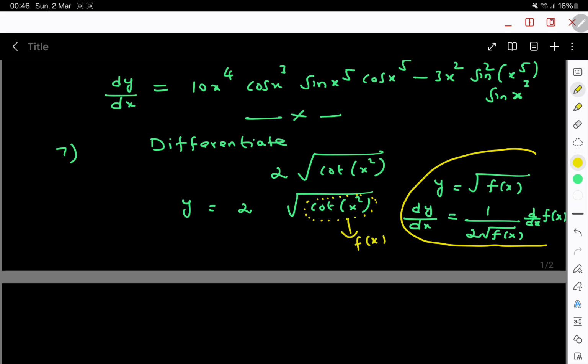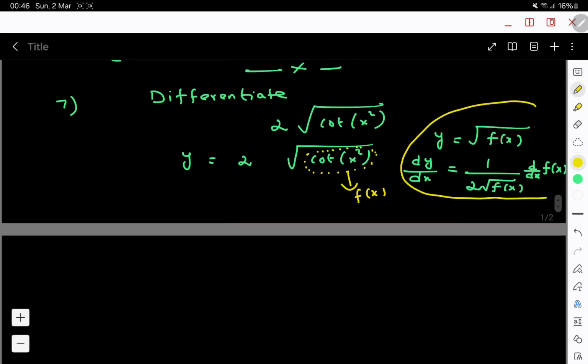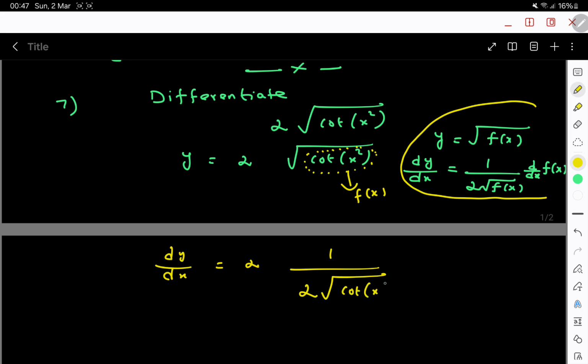So to differentiate follow this rule. Okay, so dy by dx equal to 1 by 2 times under root of cot x square, again differentiating cot x square.